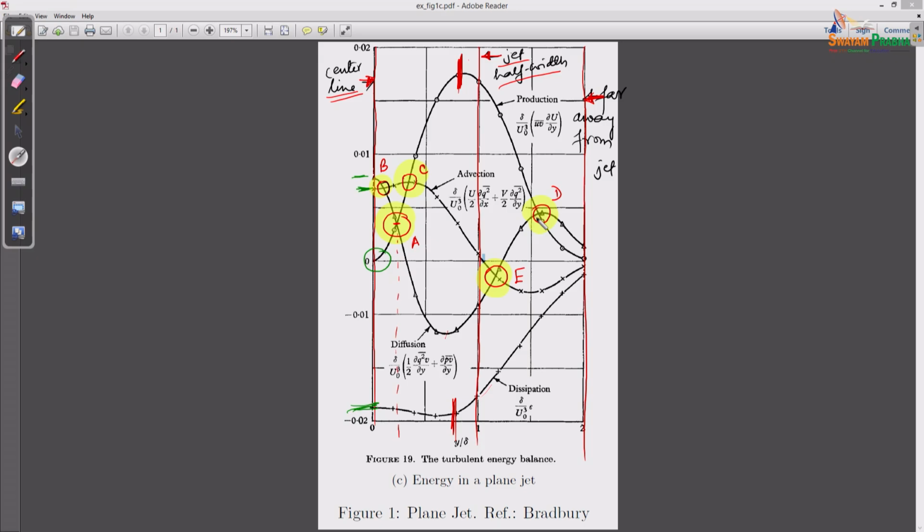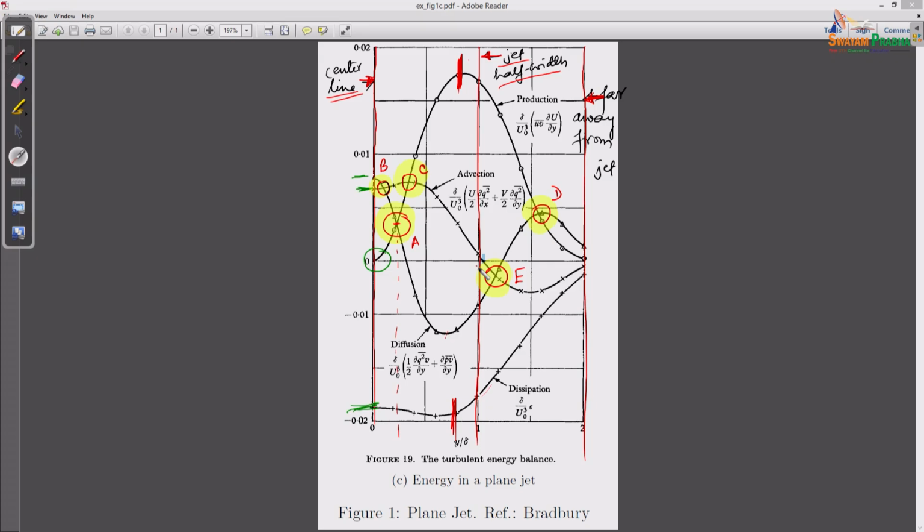It is interesting that the values of production and diffusion are the same at both these locations, and this is also symmetrically placed about the jet half width. So A is before the jet half width and D is after it, but they are nearly equidistant from the jet half width.